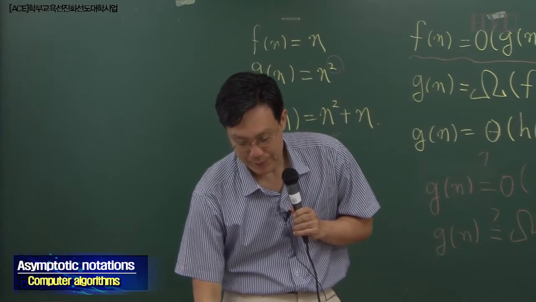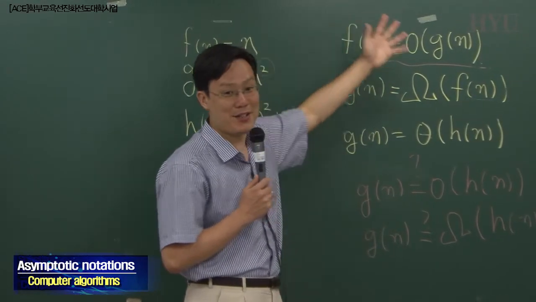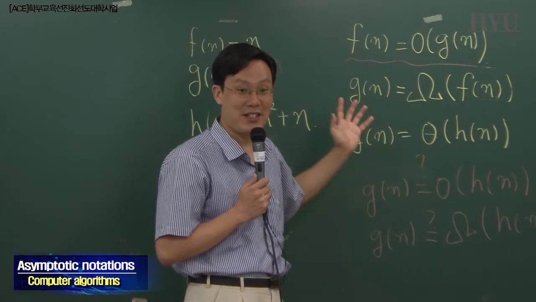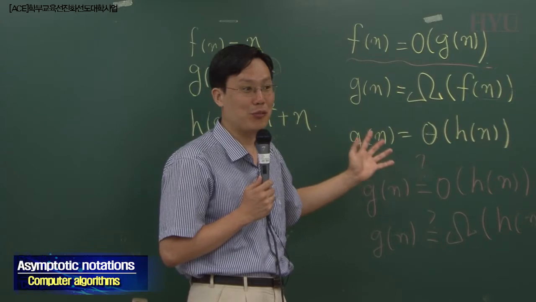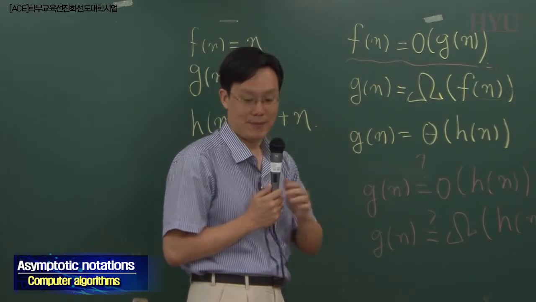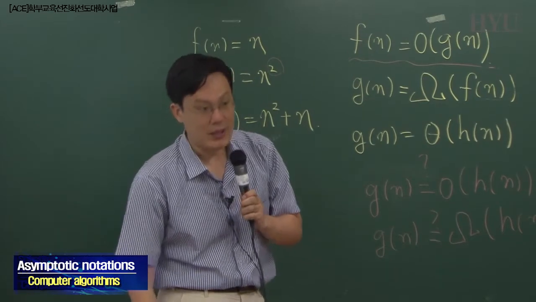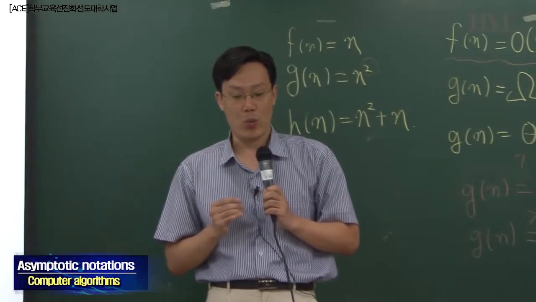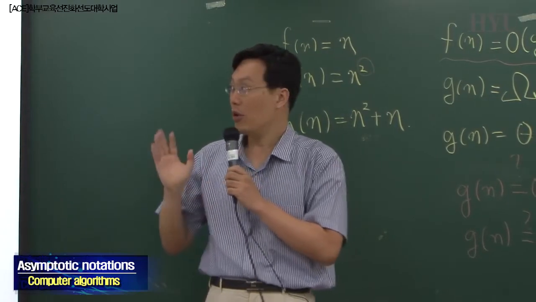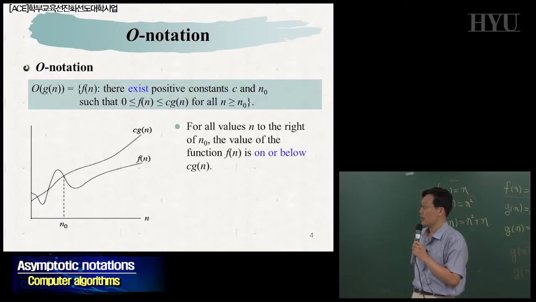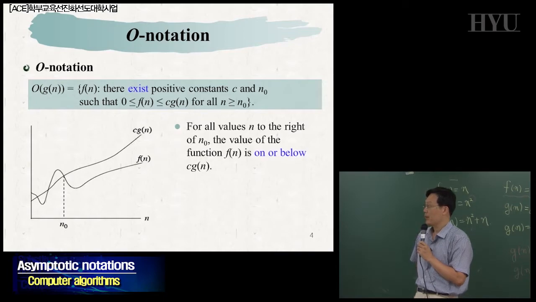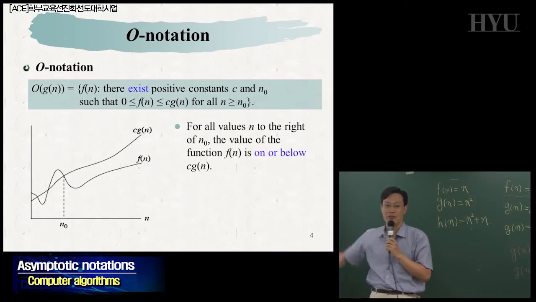The essence of today's class is this. You should remember these things. And let me explain them one by one. The formal definition of big O notation is like this. Actually, big O of some function g of n is a set of functions satisfying this condition.